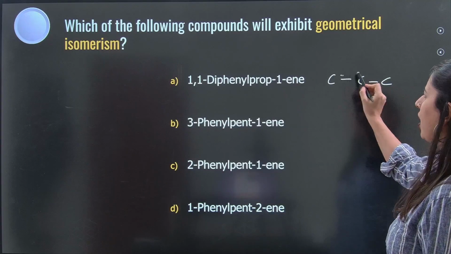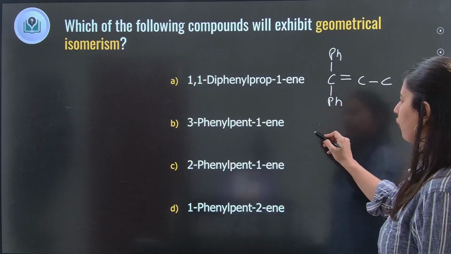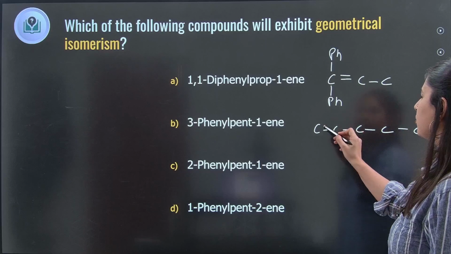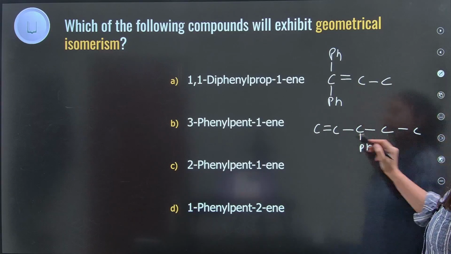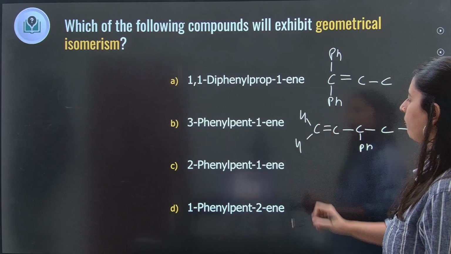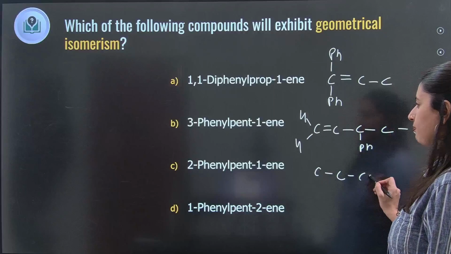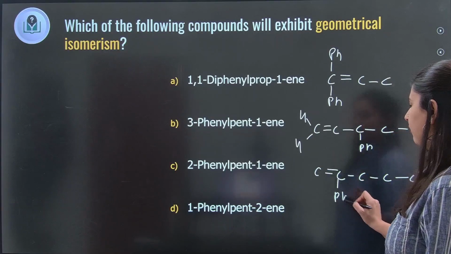1,1-diphenyl prop-1-ene. So the moment you draw it, you would know that that cannot be your answer. Pent-1-ene, the moment you're making 3-phenyl pent-1-ene, you can see that the first carbon is a problem. 2 hydrogens attached to the first carbon. Let's see pent-1-ene, but 2-phenyl. Will that make a difference?